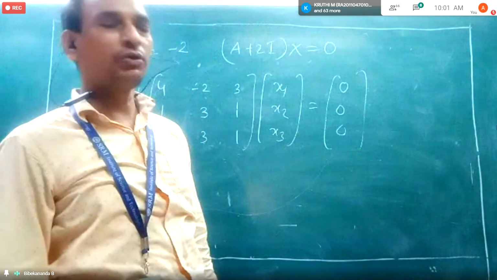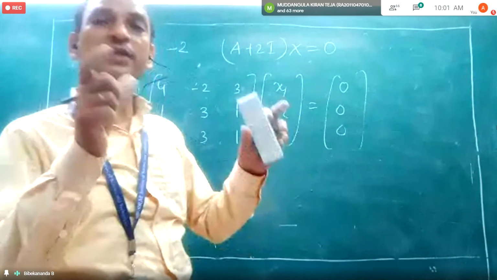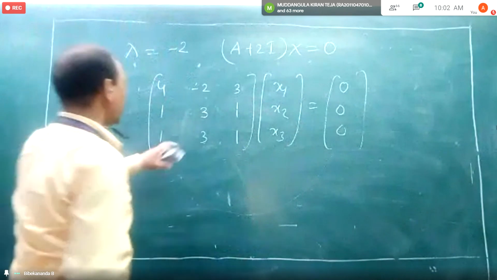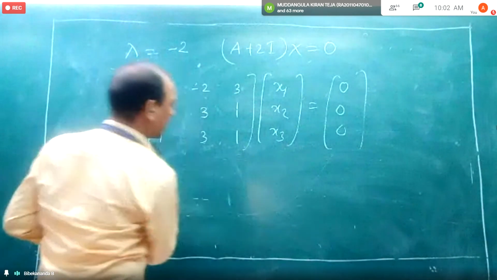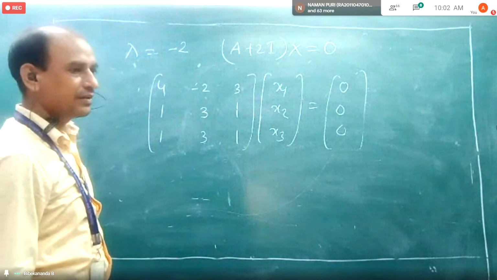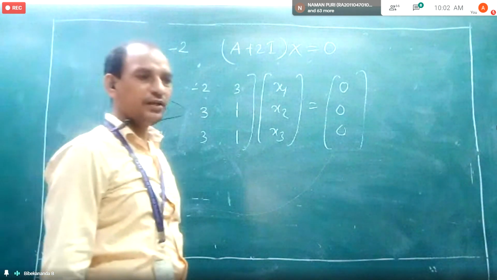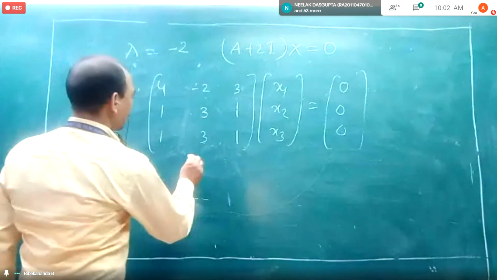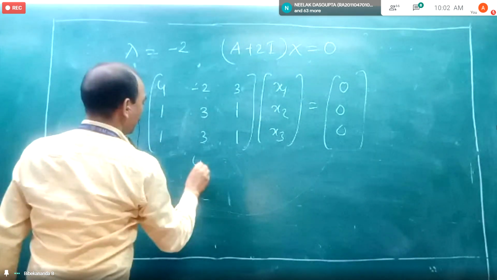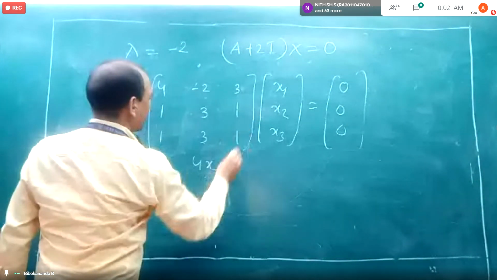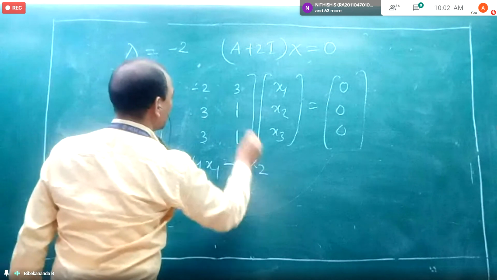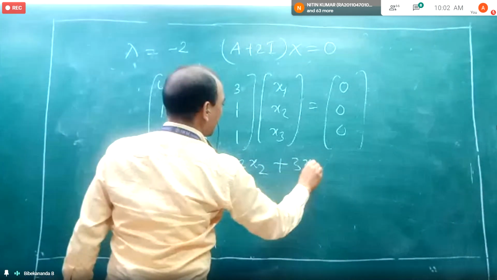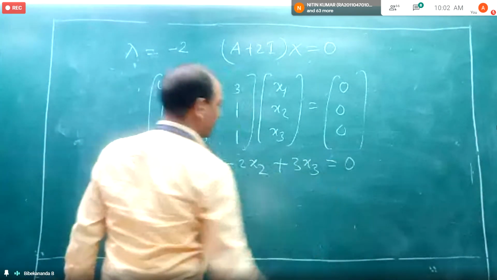So for that, we have to form a system of equations. What will be the system of equations here? The first equation is 4x1 minus 2x2 plus 3x3 is 0.